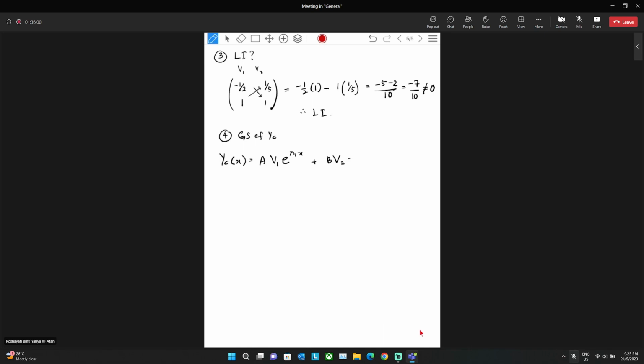So YC X equal to A V1 is negative half and 1 exponential 9x plus B 1/5 1 exponential 2x. Ini baru first step.